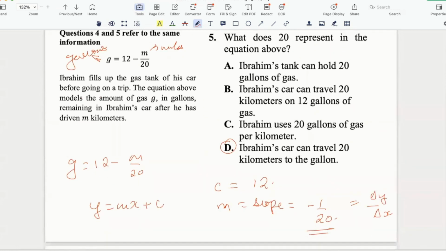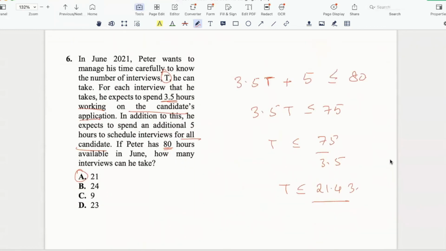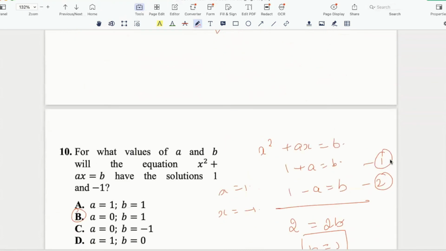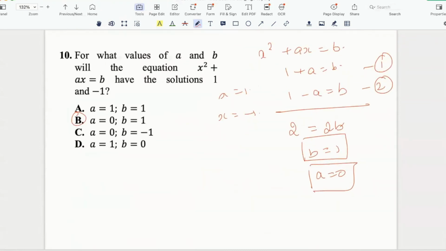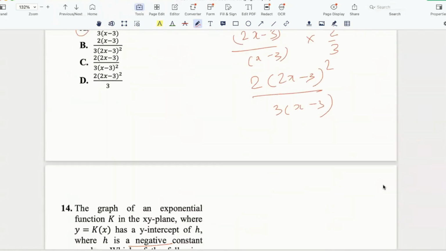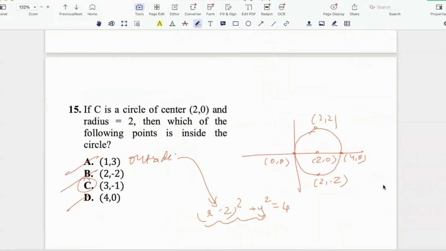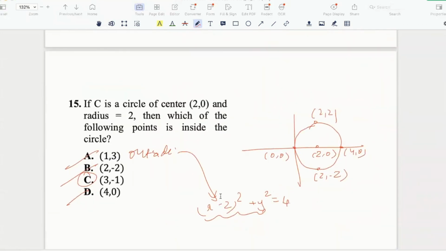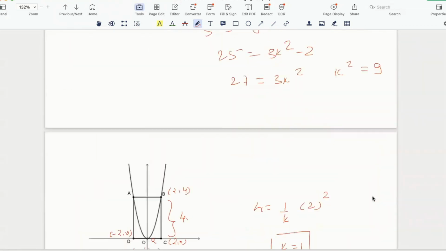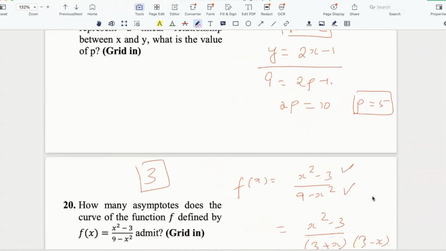Question 6: ABBAB. 11: DDACC. And 16: 67, 3, 1, 5, and 3.